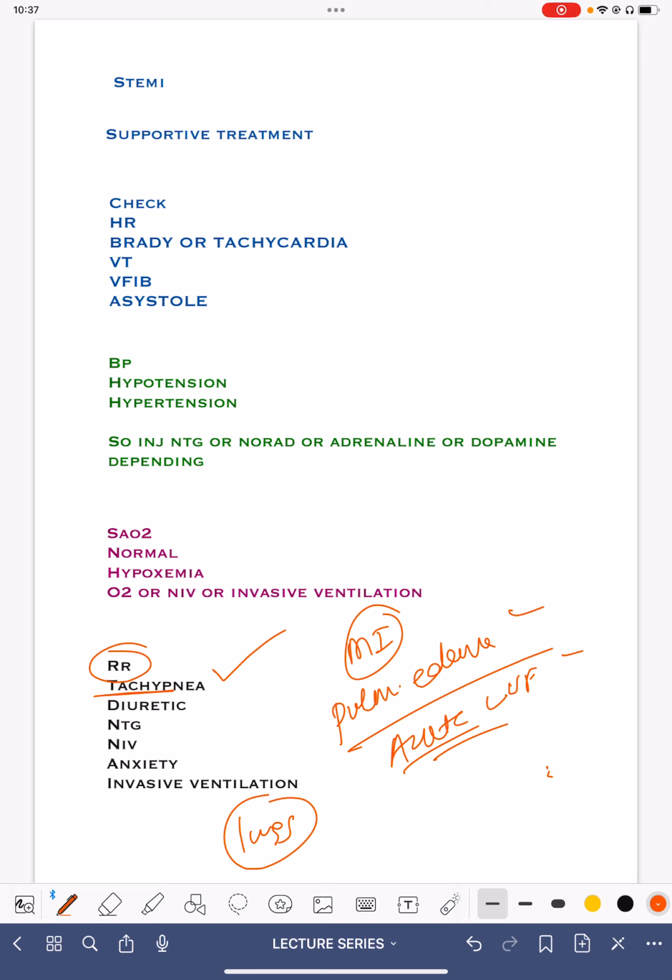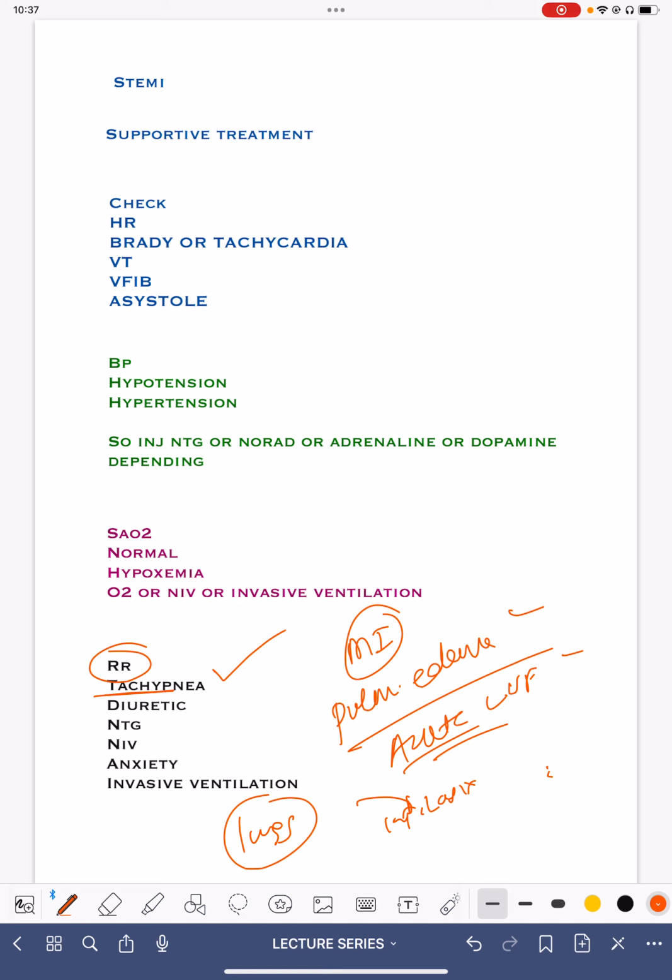So for this, the best thing is we can give diuretics to flush out all this accumulated fluid. We can give diuretics like injection Lasix, by infusion pump, at 10 milligram per hour or 20 milligram per hour or 30 milligram per hour, depending on the response to the diuretic.